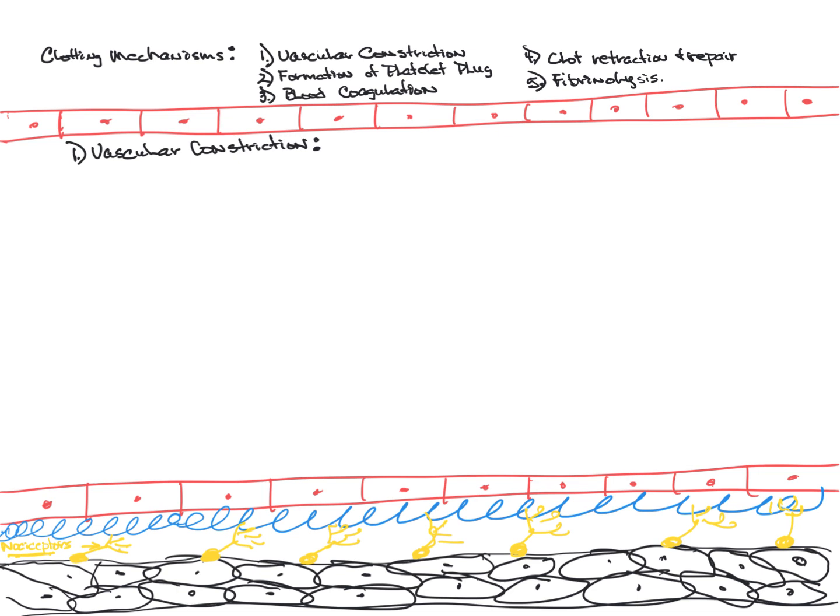And then number 4 is clot retraction and repair. You'll see that written as remodeling or restructuring of the clot and so forth. And then step number 5, which we'll include in this as well, is fibrinolysis. And the reason for doing that is that's the way the clot's going to be reabsorbed. And we need to cover that because it does have some significance as far as therapeutics are concerned.